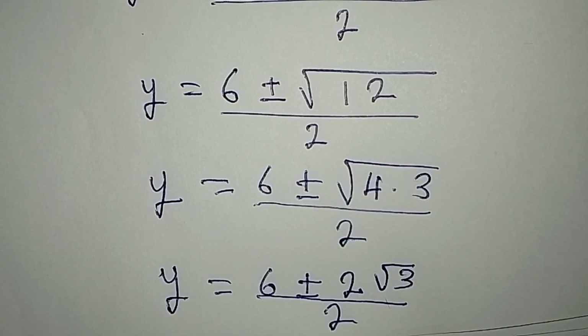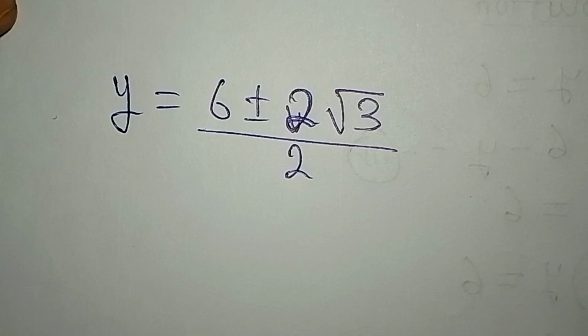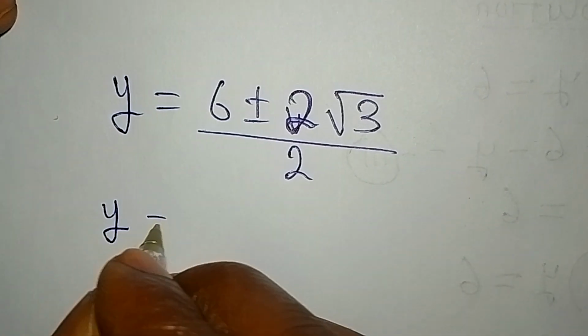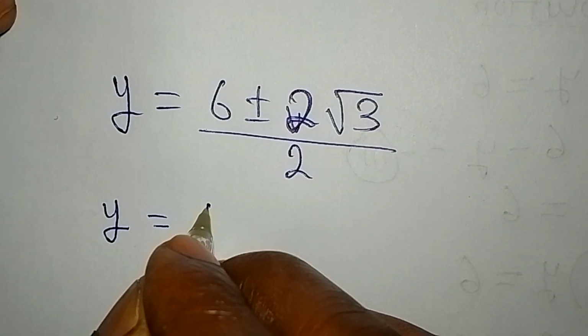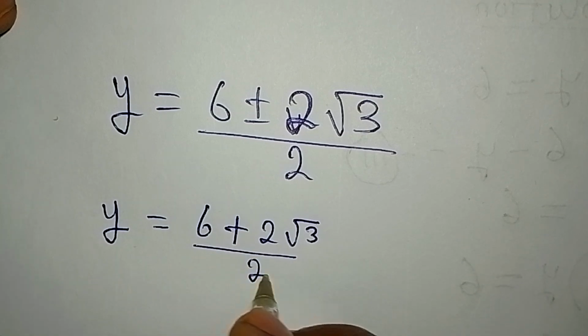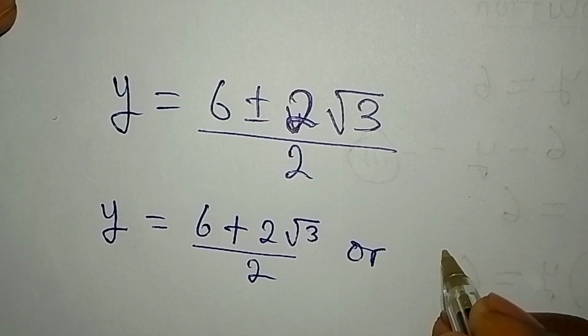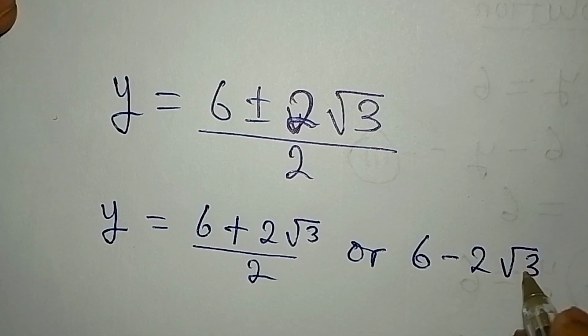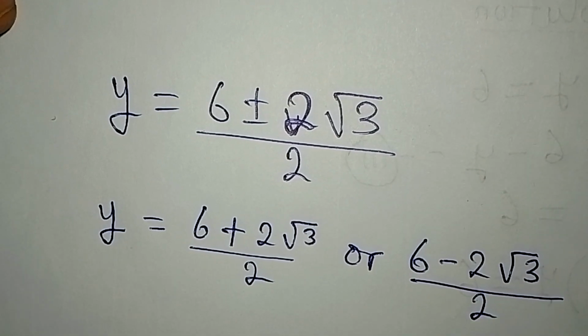Let's continue from here. This means that y is equal to 6 plus 2 root 3 over 2, or 6 minus 2 root 3 over 2.